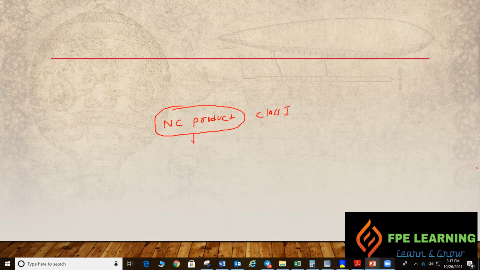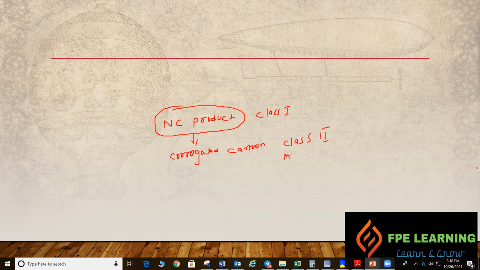Now this one is stored in corrugated carton, right? But they have not mentioned whether it is a single layer or multi-layer. So we will assume class 1 non-combustible product stored within multi-layer corrugated carton, right?